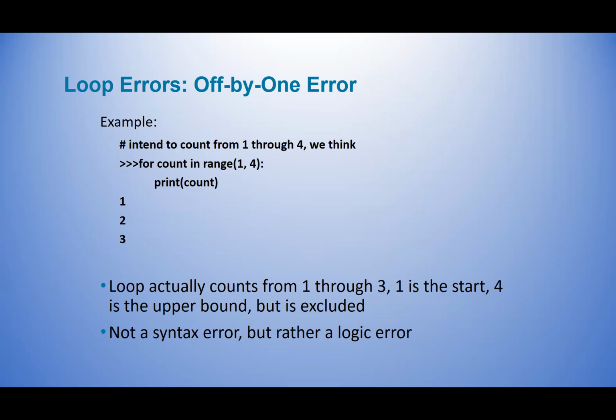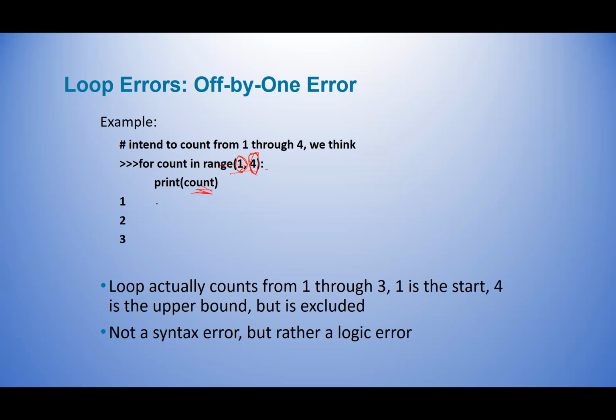So now logic errors. Okay, off by one error. This type of error is simply saying you are off just by one, either one too many or one too few. If you look at this code, for count in range 1 and 4. This is the beginning number, it's included. This is the ending number, it's excluded.